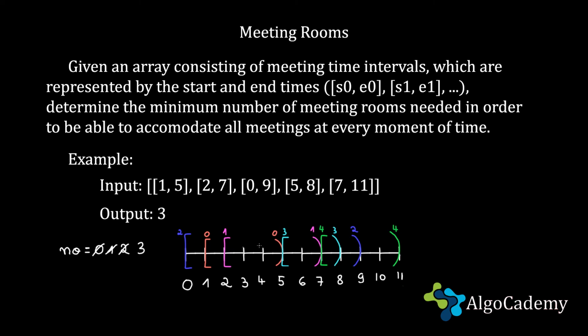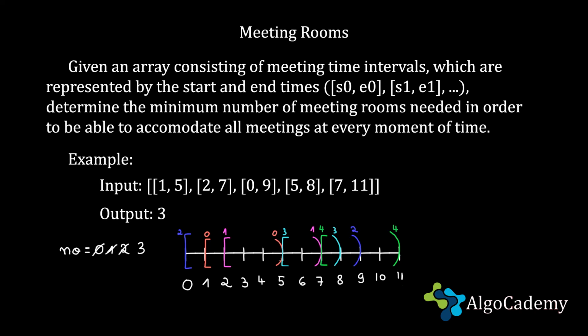At 4, again, nothing starts or ends, no changes. Then I go to the moment of time 5. What I'm going to do here is first take into account the end event, because technically, the end event happens before the beginning events at that moment of time.